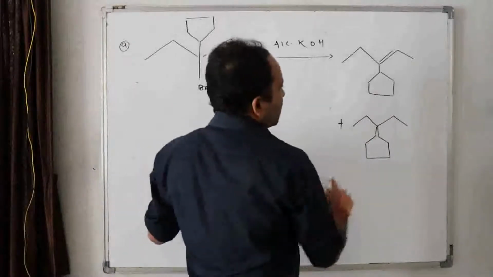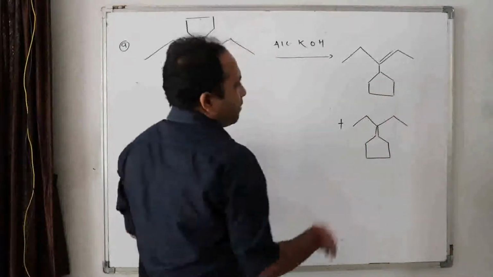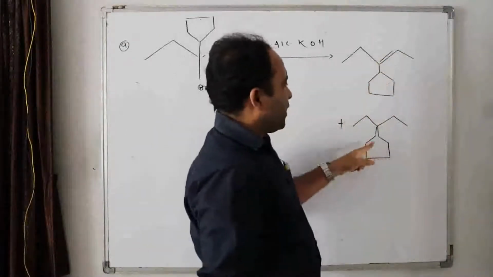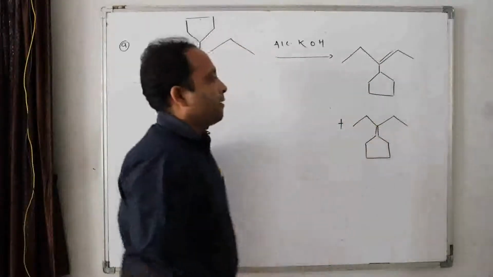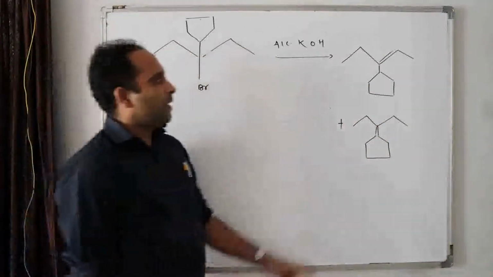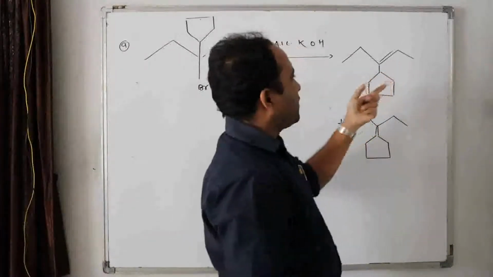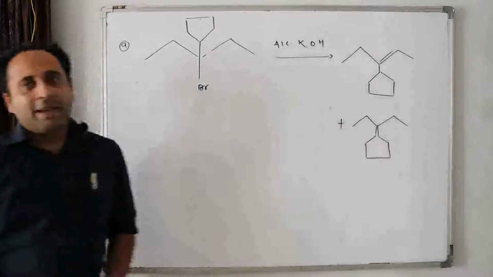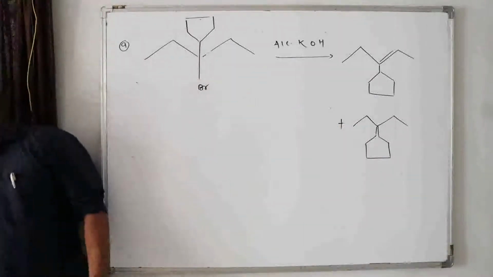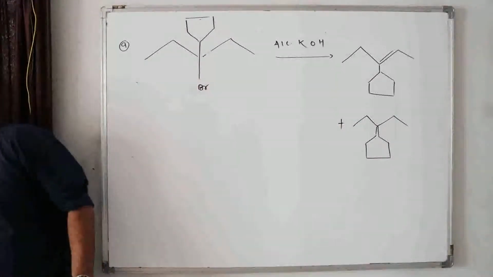Now this will have how many forms? Cis trans. Can this have a cis trans? No, isn't it? Is it having any chiral center here? Any chiral centers? Think and answer. Okay. Next, one more question.